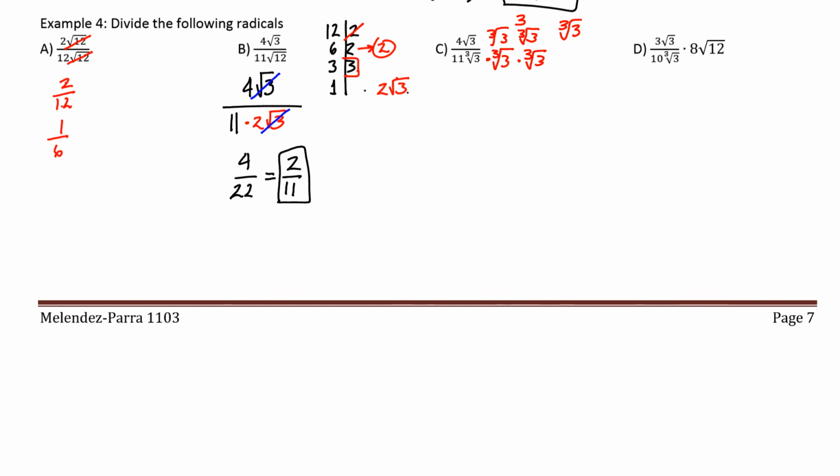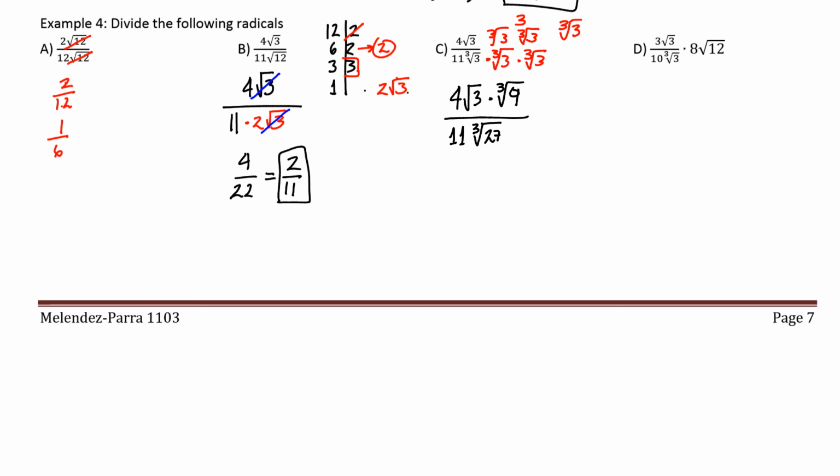Okay? What does it mean for us? That means that on the top, you're going to have 4 square root of 3 times the cube root. Since this will have the same index, we can multiply the inside together to get 9. On the bottom, we're going to have 11, the cube root of 27.